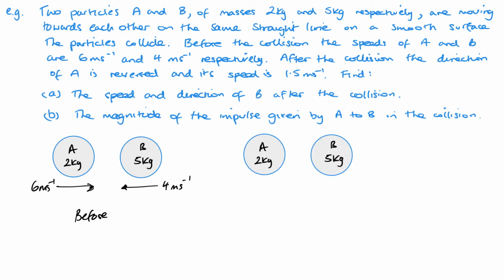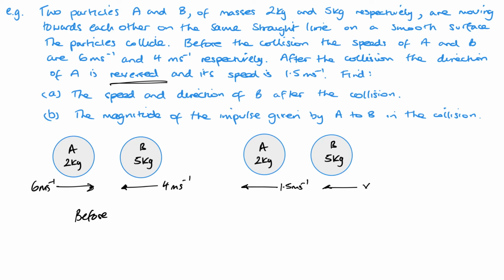Now, afterwards, the direction of A changes. It's reversed, it says here. So it was going left to right, now it's going right to left, and it's 1.5 meters per second. Now with B, we don't know. So with B, I'm going to assume it carries on going in the same direction.